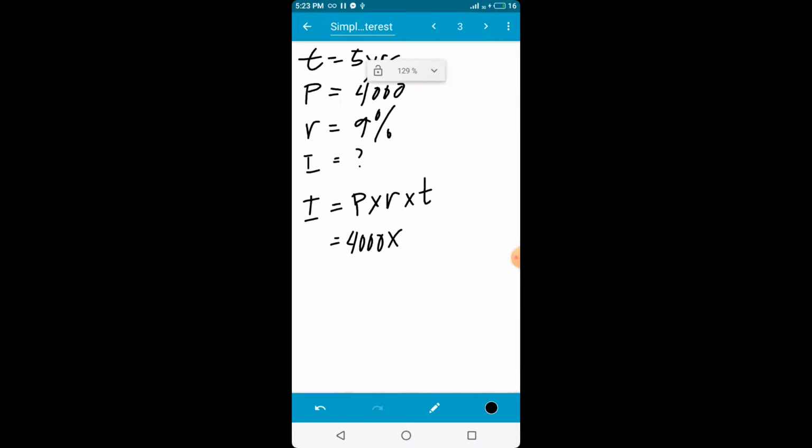Before we multiply it to 4,000, the 9% must first be converted into decimal, and that is 0.09. Okay? Then times the time, and that is 5 years. So we now have 4,000 times 0.09 times 5.